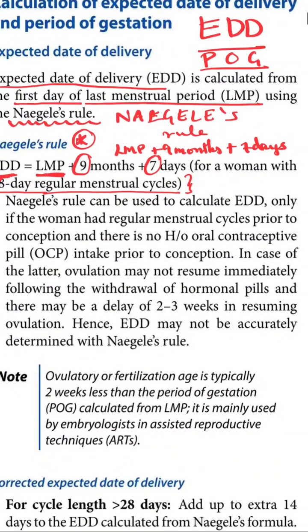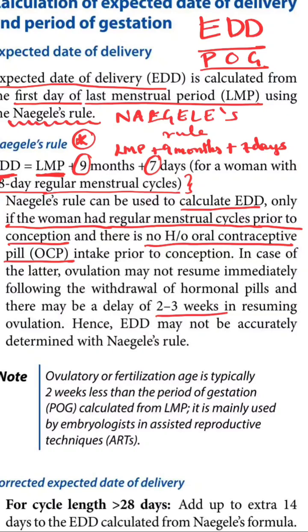Naegeli's rule can be used to calculate EDD only if a woman had regular menstrual cycles prior to conception and there is no history of oral contraceptive pill intake prior to conception. In the latter case, ovulation may not resume immediately following withdrawal of hormonal pills and there may be a delay of 2 to 3 weeks in resuming ovulation. Hence EDD may not be accurately determined with Naegeli's rule.